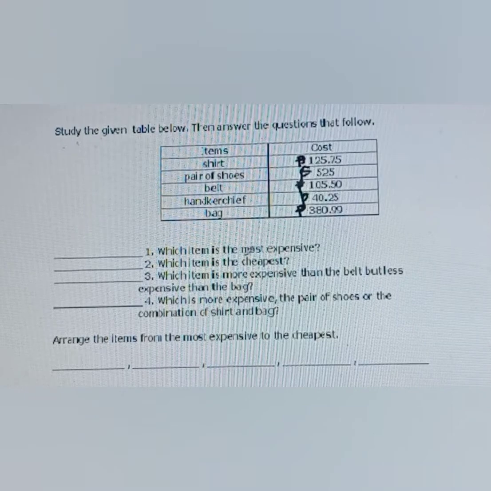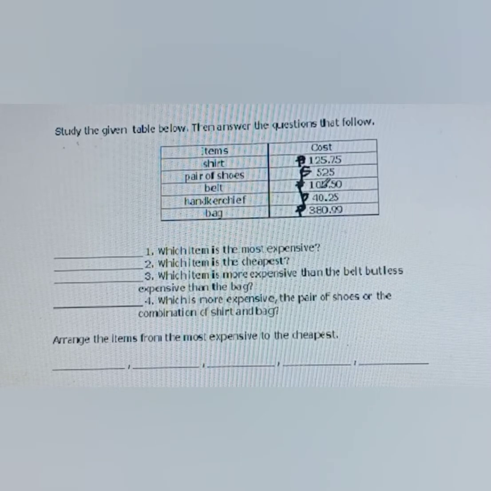Which item is the most expensive? So look for the whole number that has the biggest amount. So this is 380, 105, 125 here. This is 525. By the way, 525 can be written as 525.00, right?